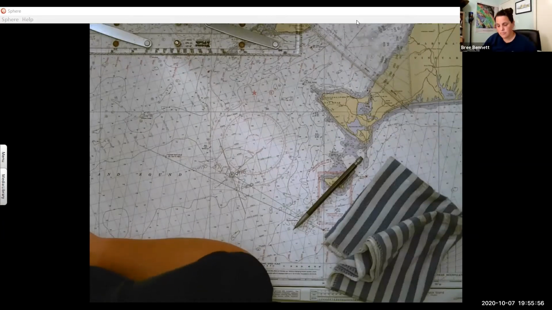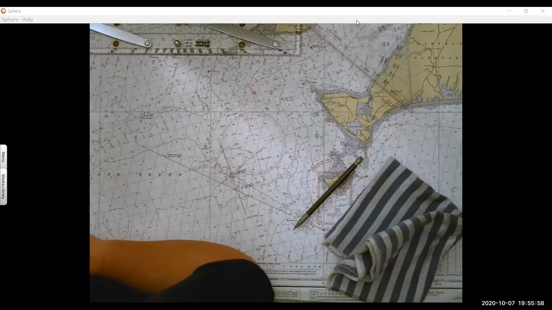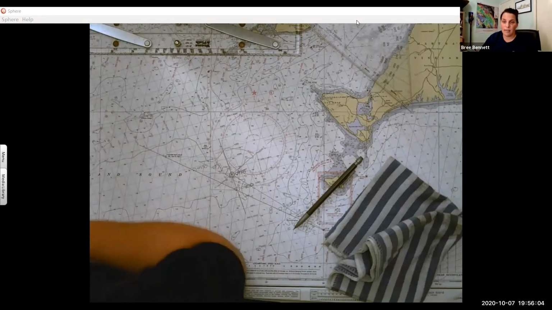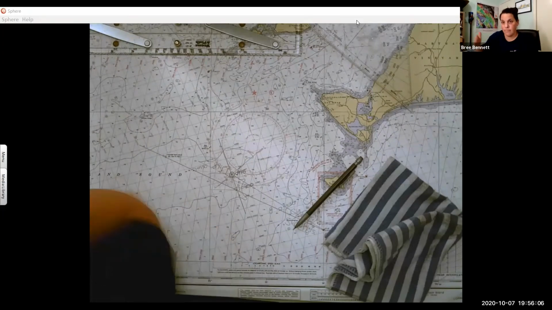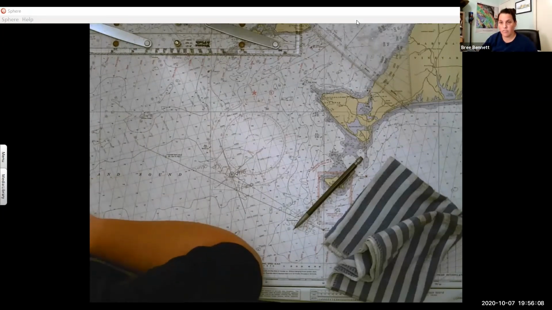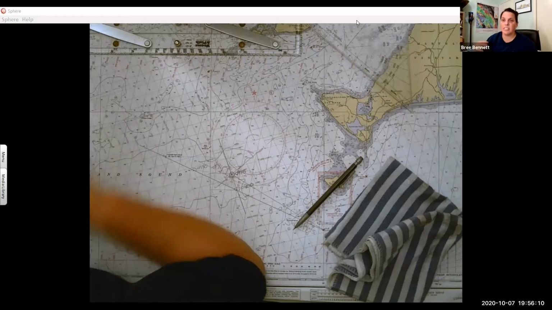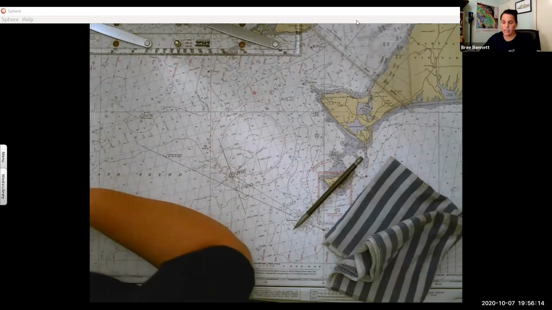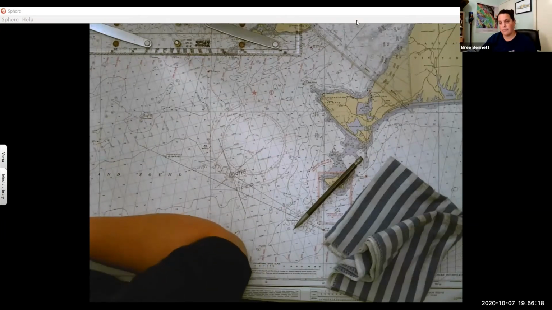And there's wind. So CoNav1 is what we're going to talk about. All of the set and drift, calculating tide and current, correcting for tide and current, that's what we're doing in CoNav2.